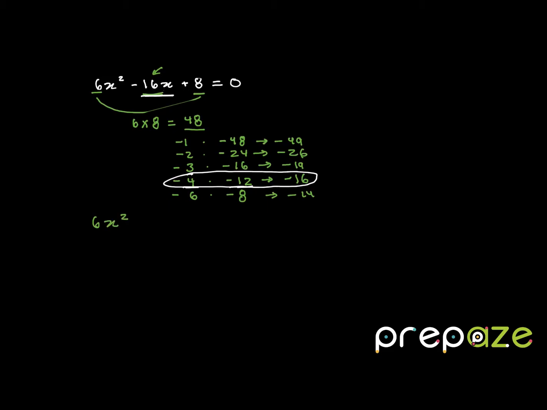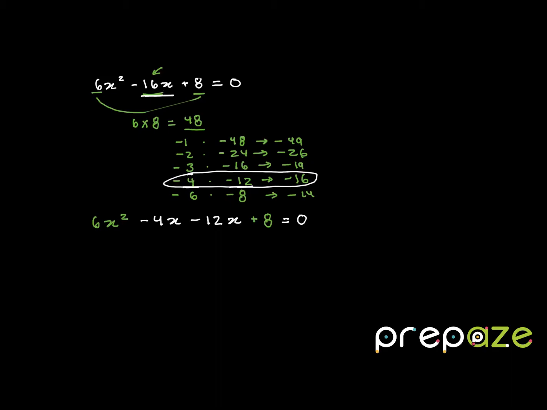And then I'm going to split negative 16x into negative 4x and negative 12x. Now see, both of these numbers, negative 4x plus negative 12x, equals negative 16x. I'm just rewriting it in a different way to make our factoring process easier. And again, I'm just going to keep this plus 8 as it was before. And as always, this is equal to 0.